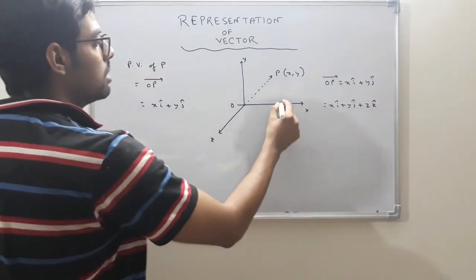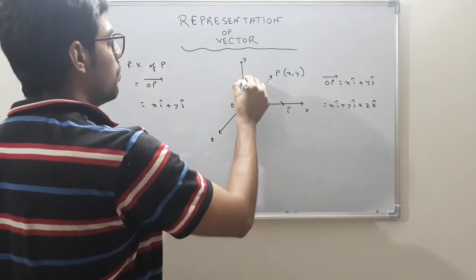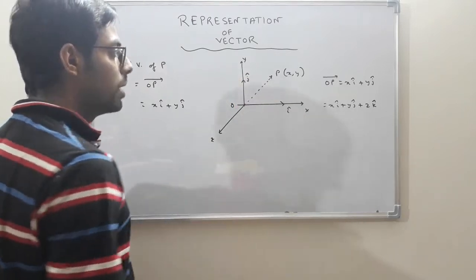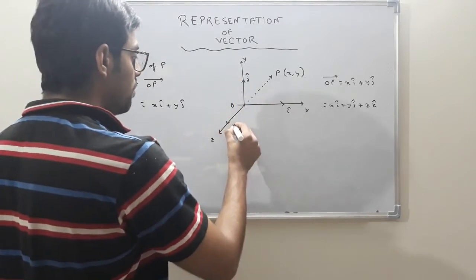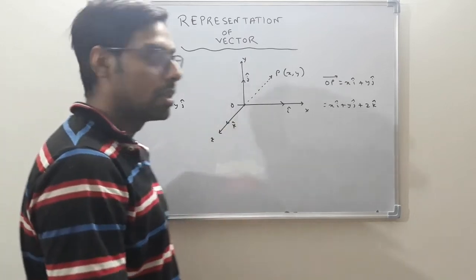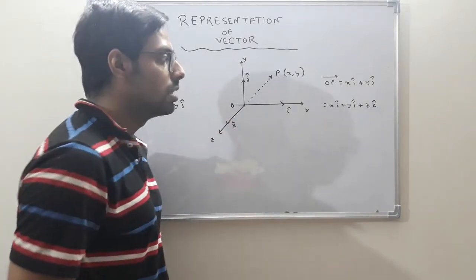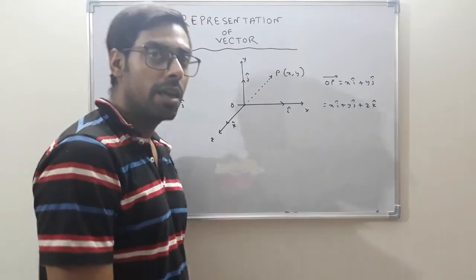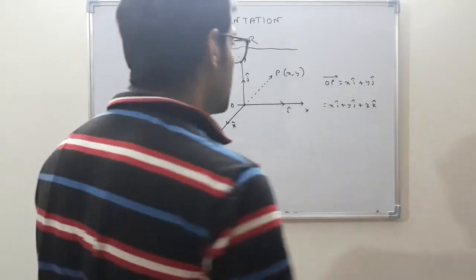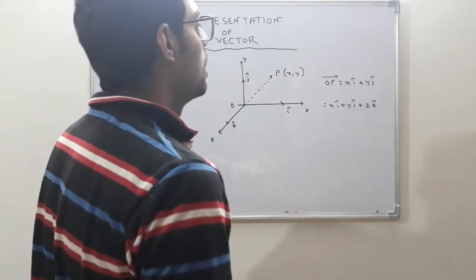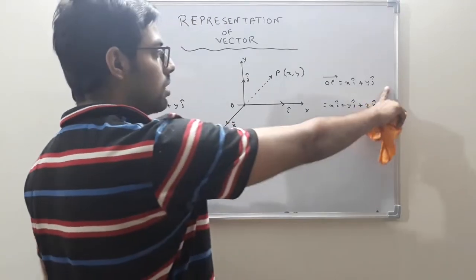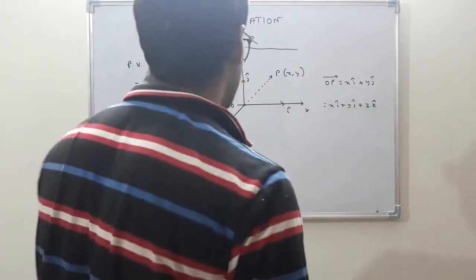Here i hat is the unit vector along the x direction, j hat or j cap is the unit vector along the y direction, and k cap is the unit vector along the z direction. So this is the representation of a vector in a two-dimensional Cartesian coordinate system and a three-dimensional coordinate system.